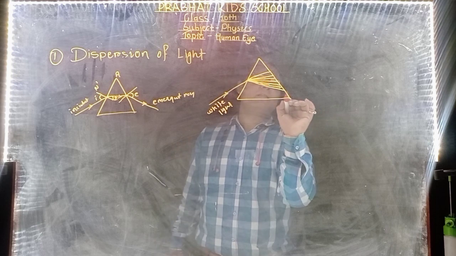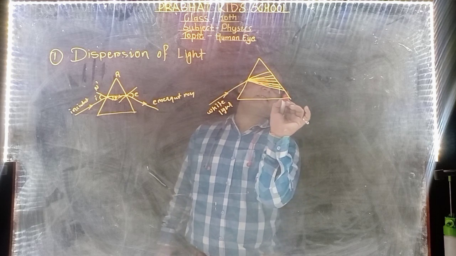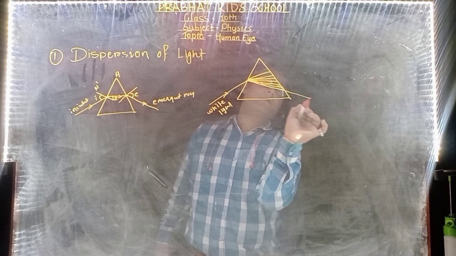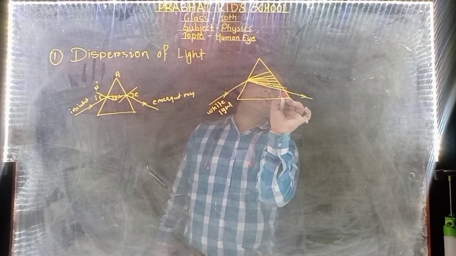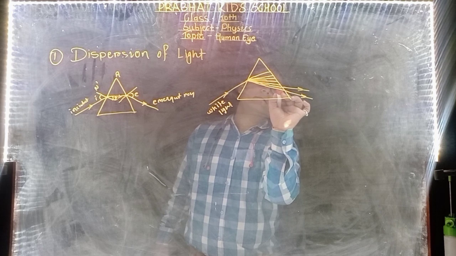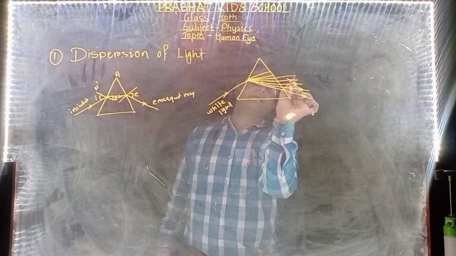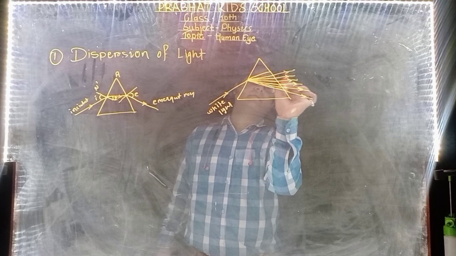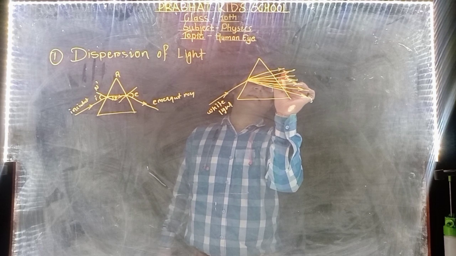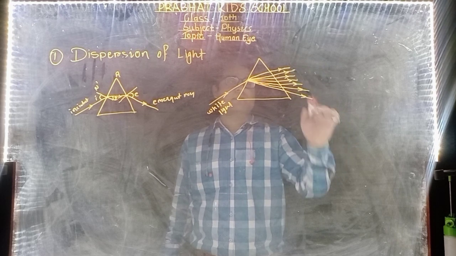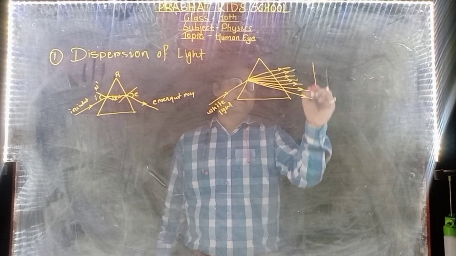What is the sequence of these colors? These colors bend like this, and here the band of 7 colors is formed. So which colors are these?